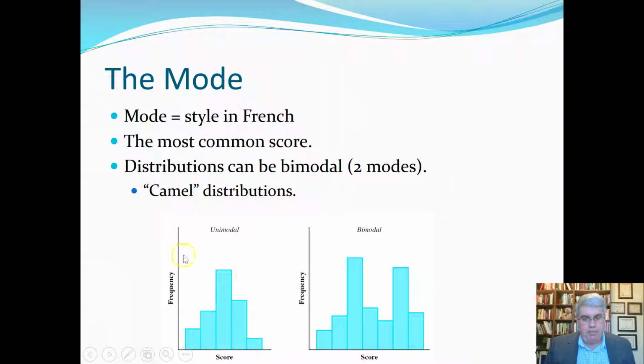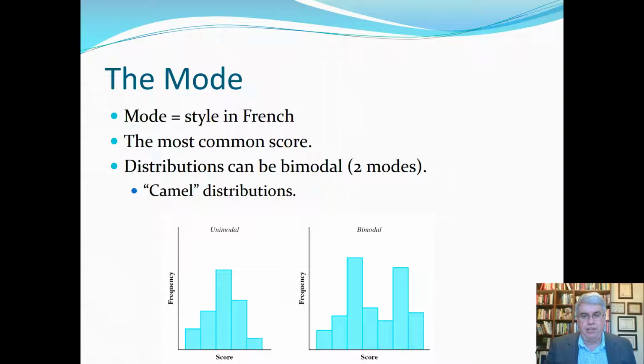It's the high point. So here we have a typical bell curve, and we can see right away that this bin contains the modal score. Now, something to pay attention to is that normally distributions are unimodal. There's only one mode, but sometimes we can get a bimodal distribution.